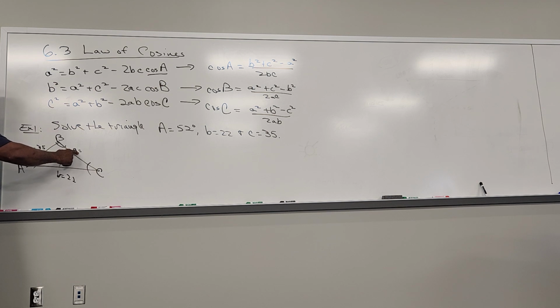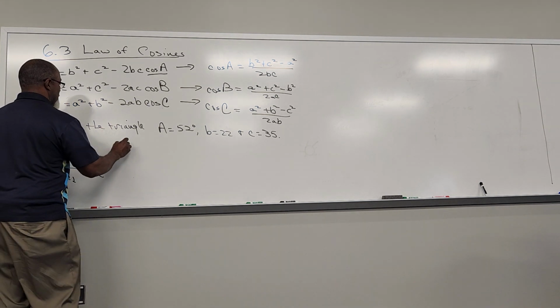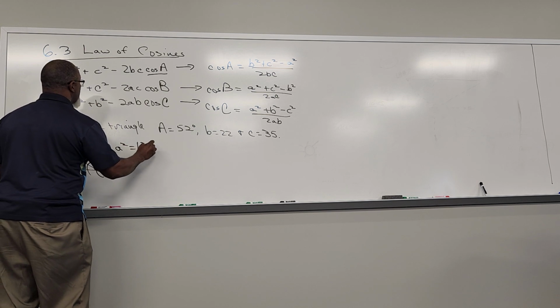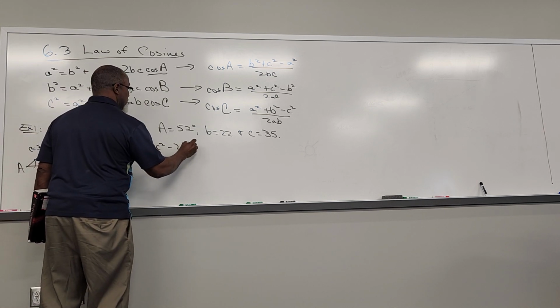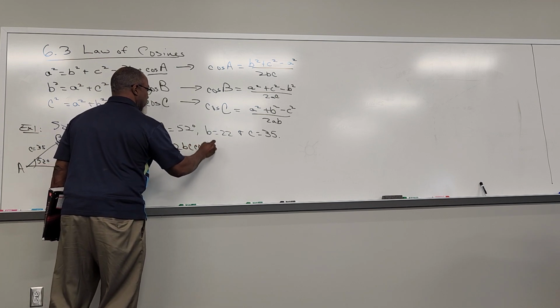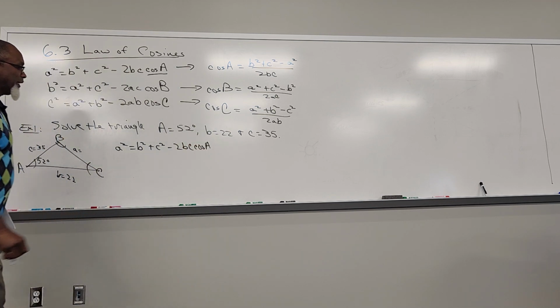If I want A, and I know angle A, I'll use the first version of the formula. Which version you use is dictated by the information you're given. So I'm going to use A squared equals B squared plus C squared minus 2BC cosine of angle A.